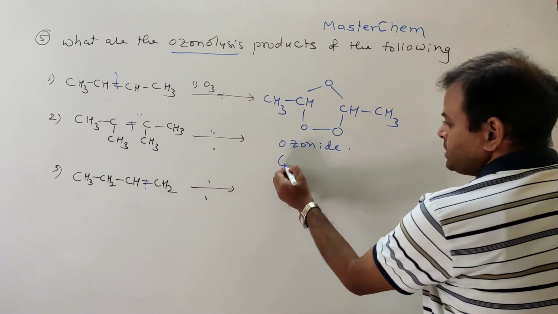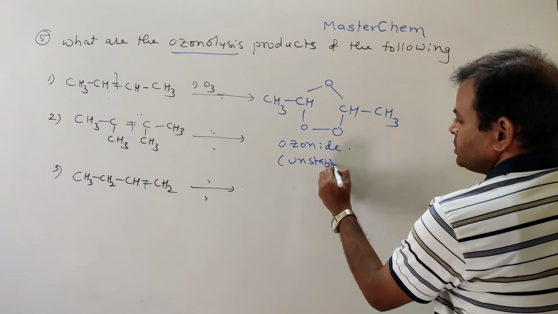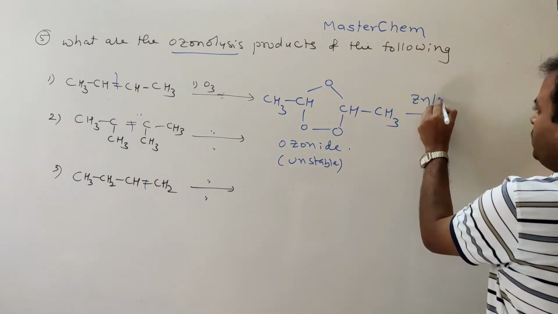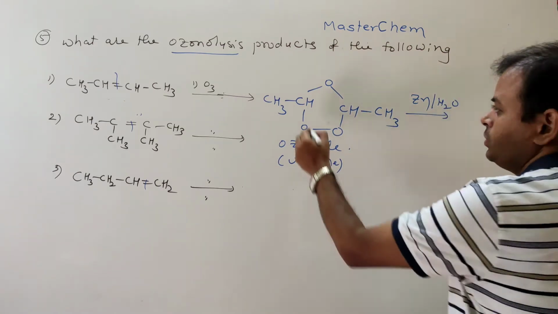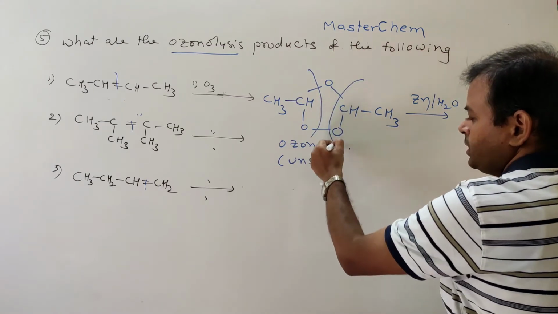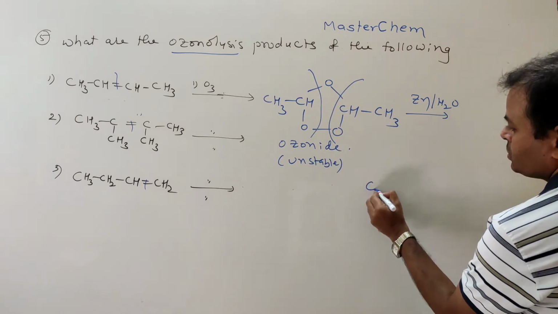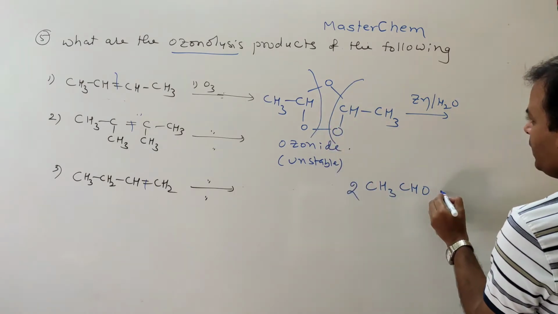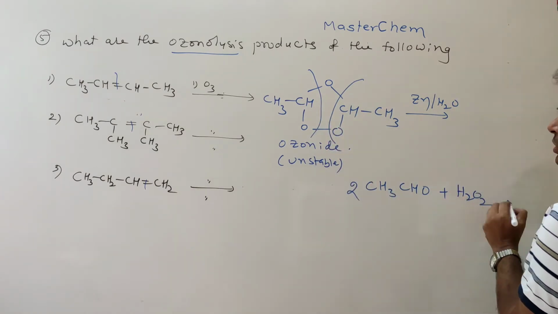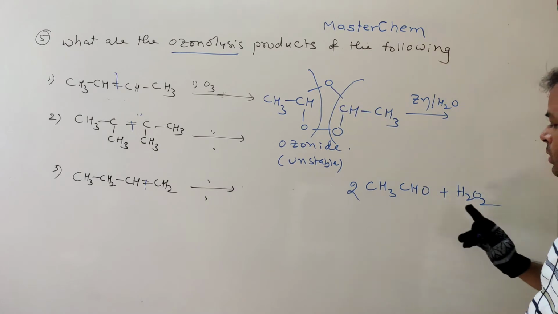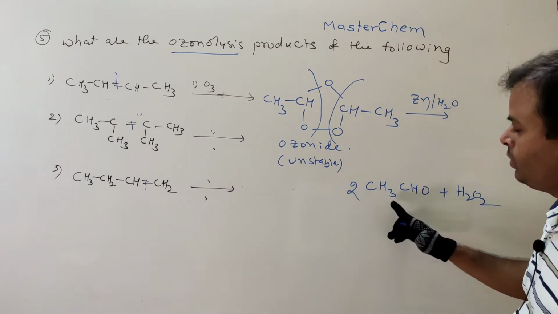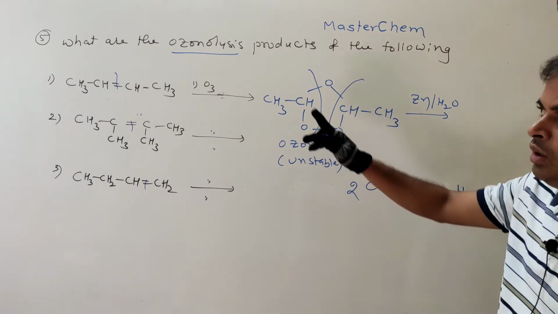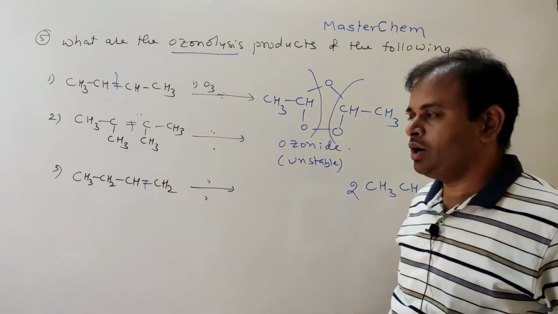This ozonide is unstable. That's why, in the presence of zinc and H2O, it gives CH3CHO, 2 moles of CH3CHO, and H2O plus O, that is H2O2, hydrogen peroxide. So acetaldehyde and hydrogen peroxide are the products of ozonolysis of the first compound.